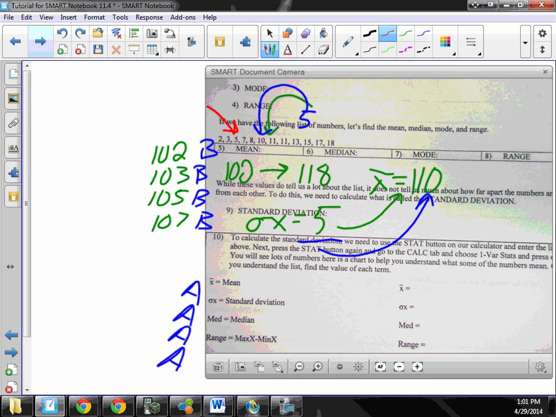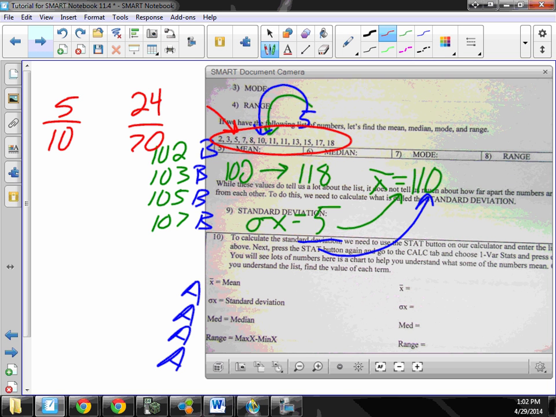So these numbers have a standard deviation of 5 out of a mean of 10. And the other one is 24 out of 70. So which one has numbers that are more spread out? That one is about 1/3. And the other one is 1/2. So these numbers are more spread out, which you can kind of see.